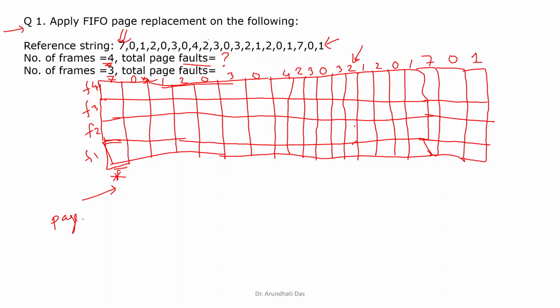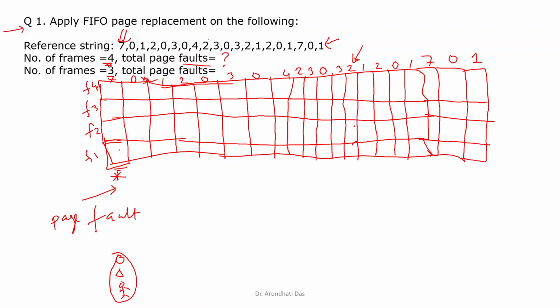You can mark a page fault with any kind of symbol, a circle or a triangle, because ultimately I need to count how many stars I will get, which will indicate the number of page faults.